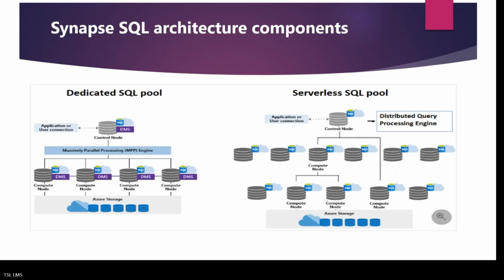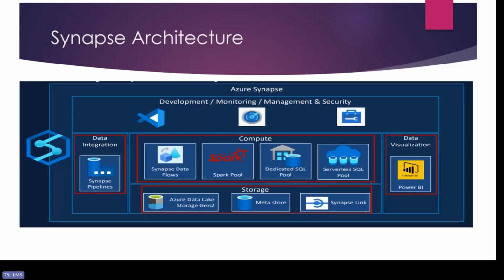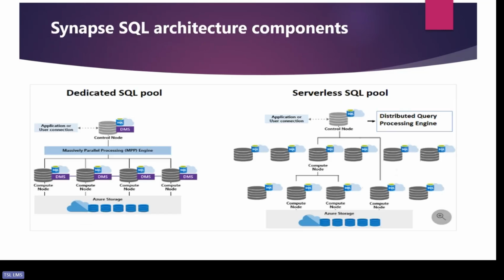Okay. So if you take the above diagram, you see there is a dedicated SQL pool and a serverless SQL pool. So what does that mean? There are two types of mechanisms available in Synapse: the dedicated SQL pool and the serverless SQL pool. These two are the main pillars.